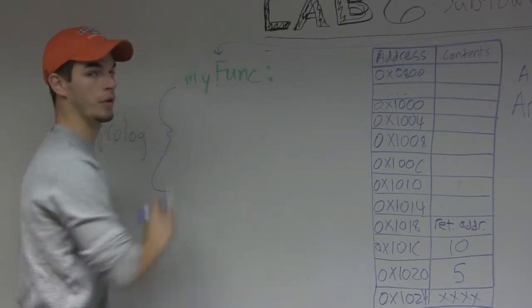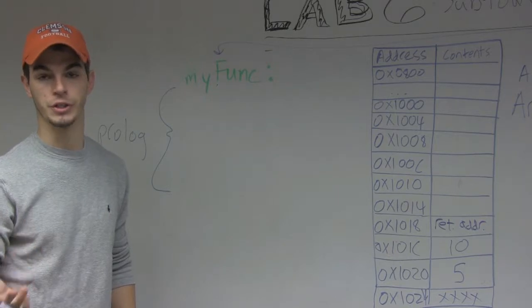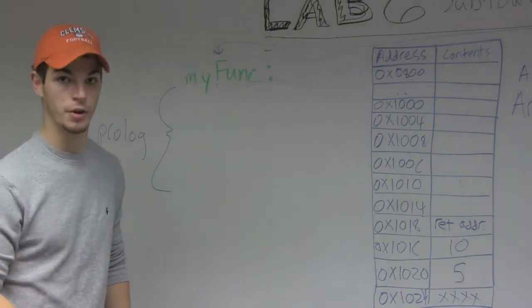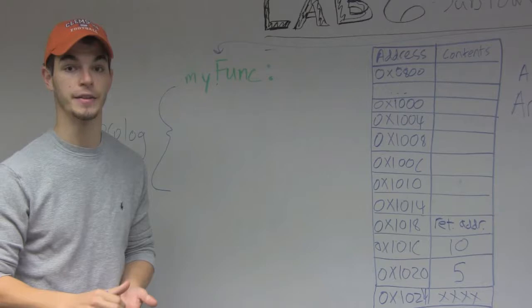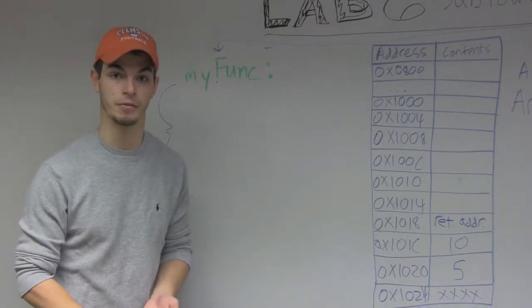As I said, the callee receives parameters based on two things. First, the prologue of the function, and secondly, the number of arguments passed into the function.